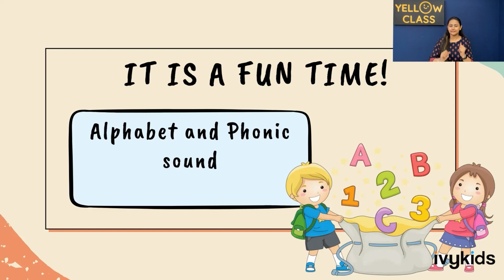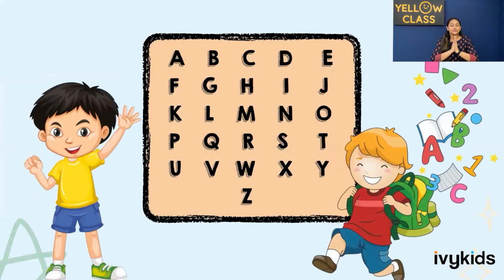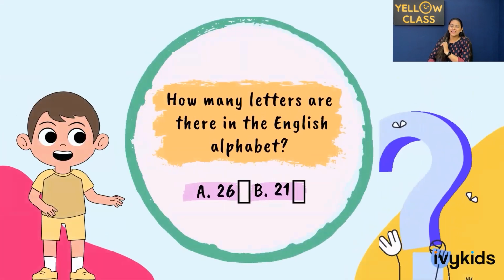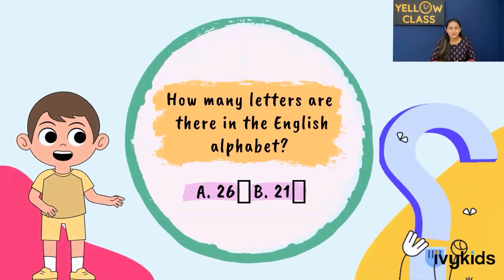So let's get started and let's see now the English alphabet. It's here on the screen now. We already know the order from A to Z. I have a question for you. So it's poll time, kids. I hope you got the question on the screen now.